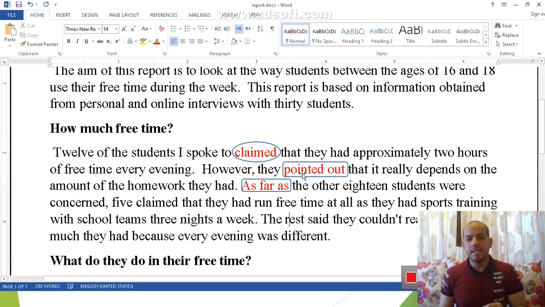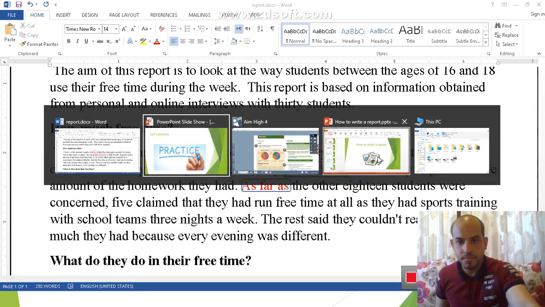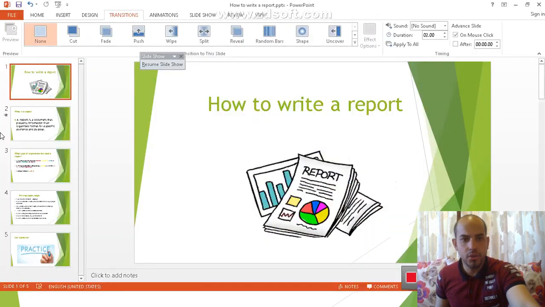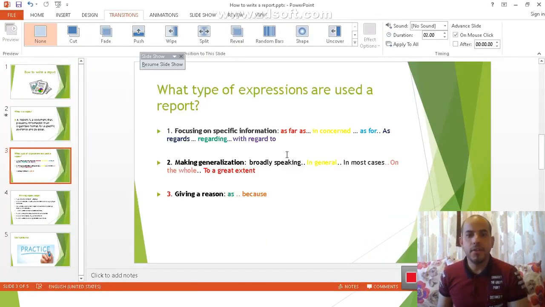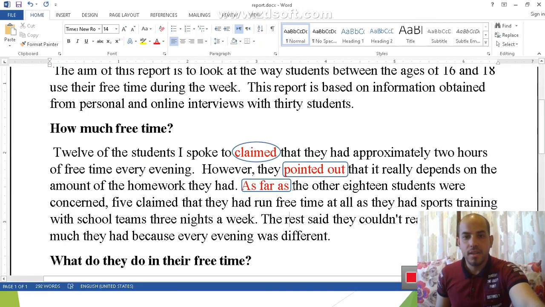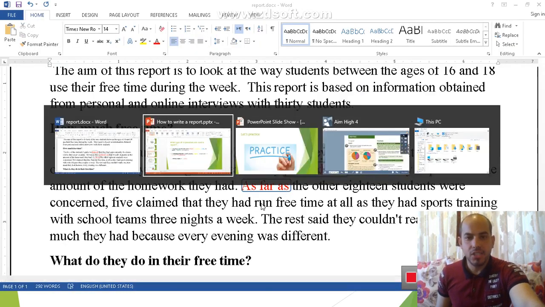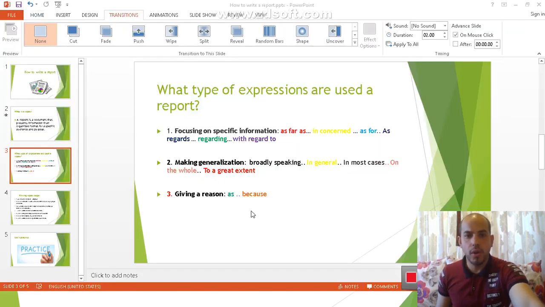As far as and pointed out, as you learned, as far as is used to focus on a specific information. Also, the expression as far as is also used to what?